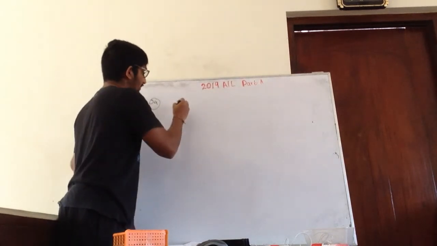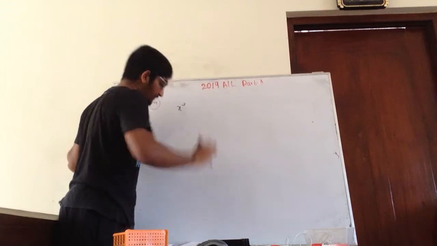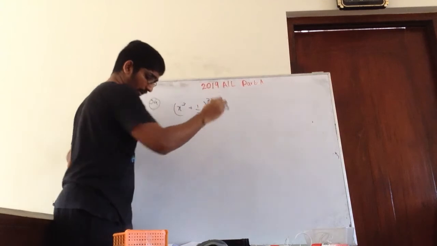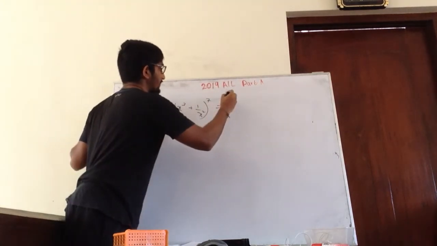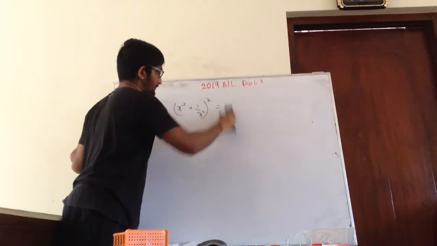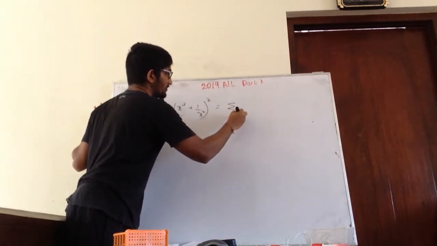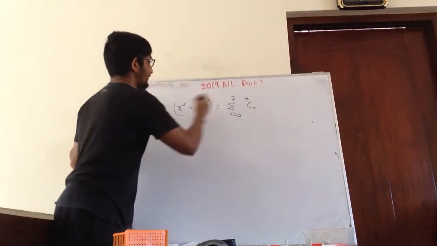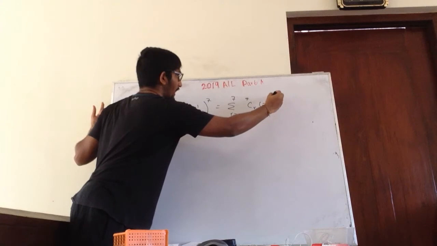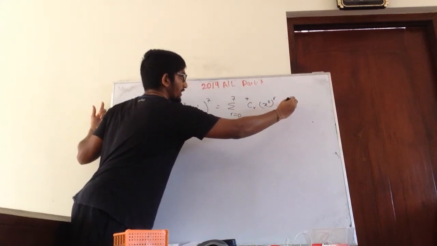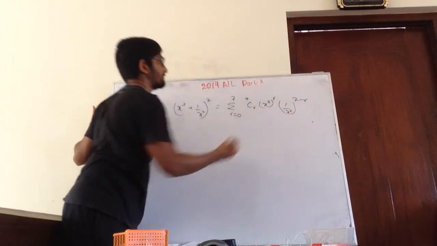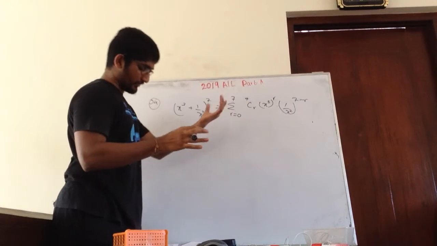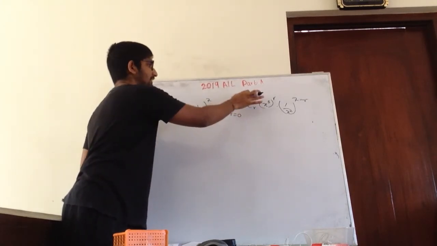So now let's see how to write this part. x to the power 3, plus 1 over x square, to the power 7. So now this can be written as the summation r equals 0 to 7 7cr, then you can take x3 to the power r, then 1 over x square to the power 7 minus r. So the coefficient of x will be this one.